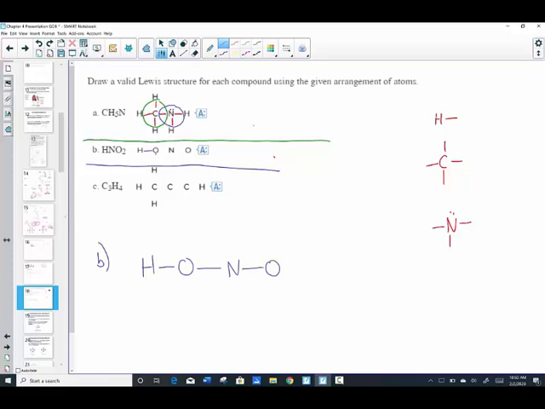First thing we're going to do is to make sure everybody's connected by at least a single bond. I know oxygen requires 2 bonds, 2 dots. So I can satisfy this oxygen, 2 bonds, 2 dots, and I've satisfied this hydrogen with just its 1 bond. Right now, this oxygen and nitrogen don't have enough bonds.